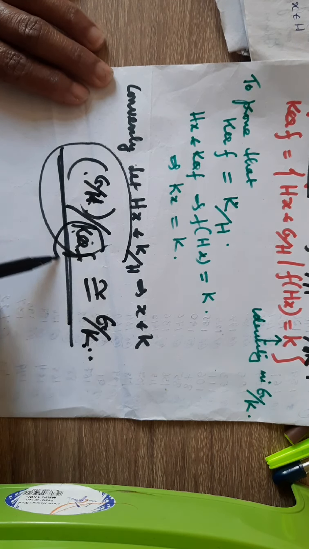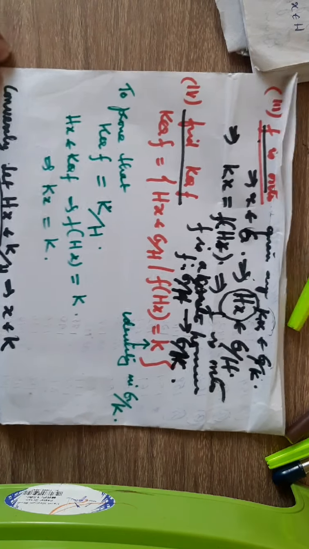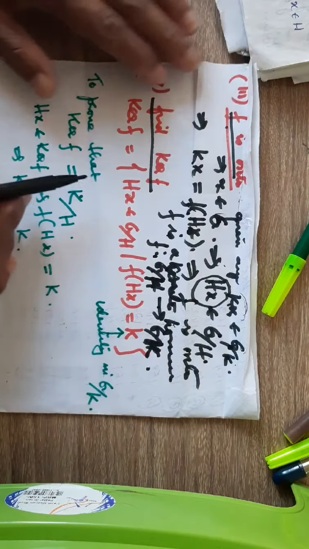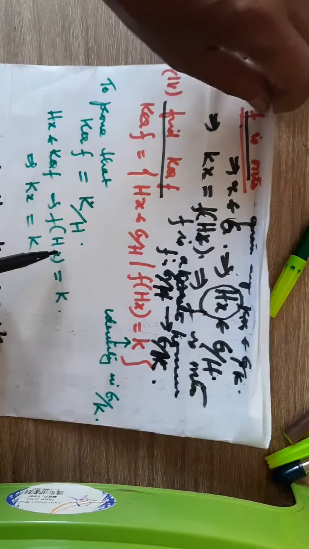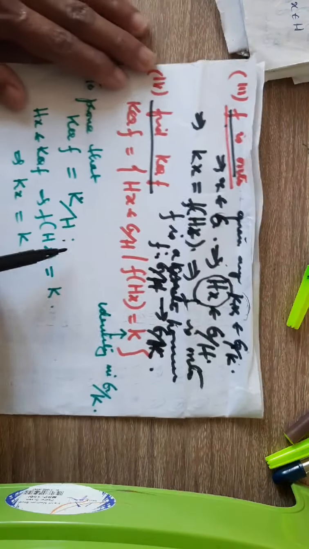But now I need to show that kernel of F is equal to K by H. So how to prove that?